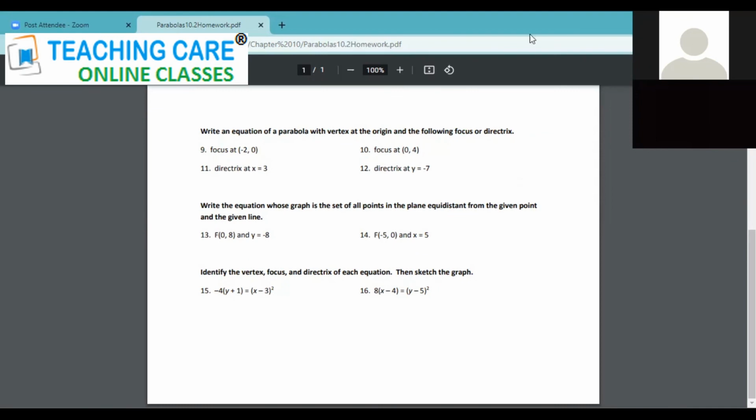Okay. For number 12, the directrix is at y equal to negative 7. So 7x equals y squared. Yes, that's great.